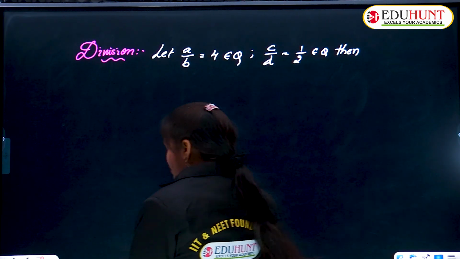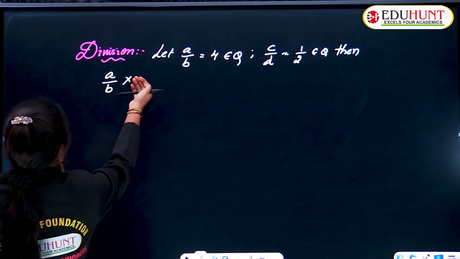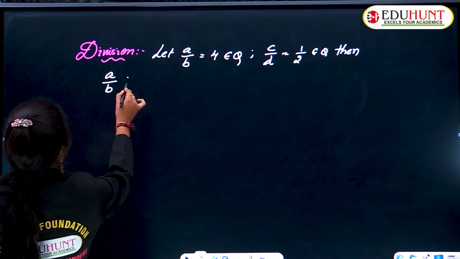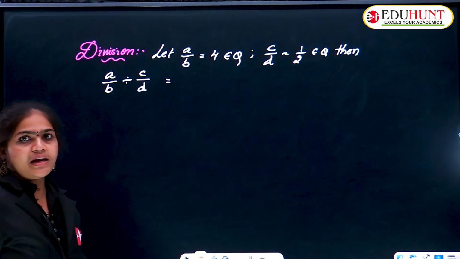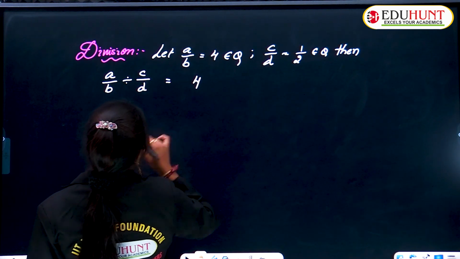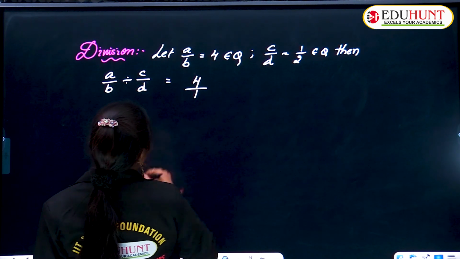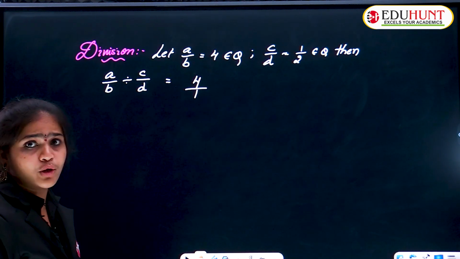Then, what is the statement here? a by b divided by c by d. Is that also a rational number or not? We just have to check it. Okay. a by b is equal to 4. We can write this as 4 by 1 also, no? 4 is an integer, so we can consider it as 4 by 1.